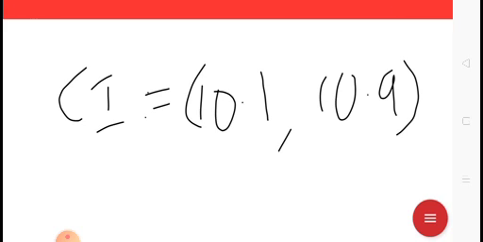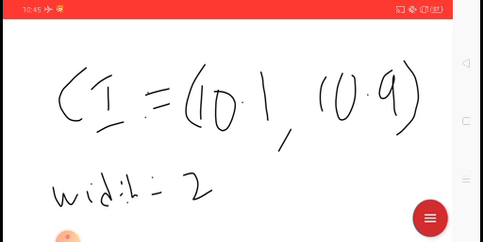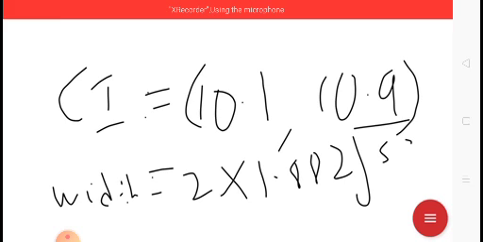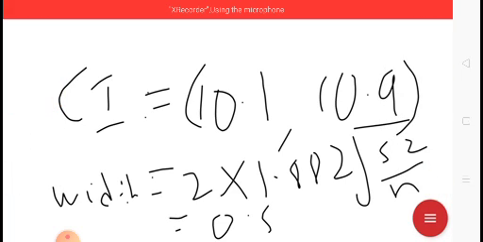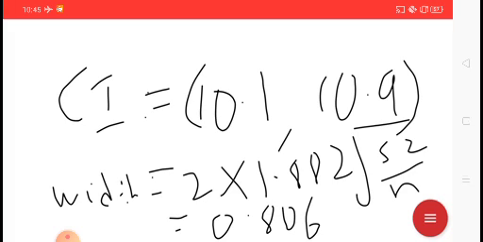For the width, you may use 2 times 1.882 times the square root of s squared over n, so you should get 0.806. The unit is kilometers, so the width is 0.806 kilometers, to 3 SF.